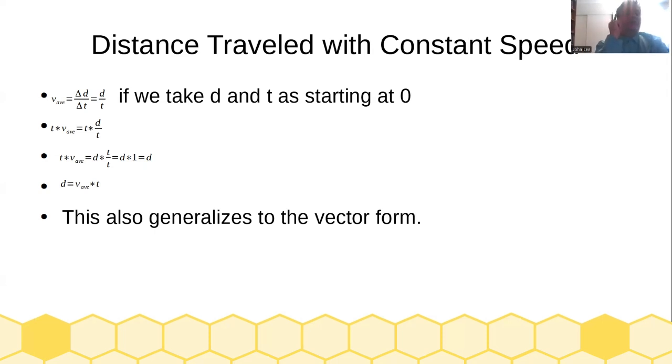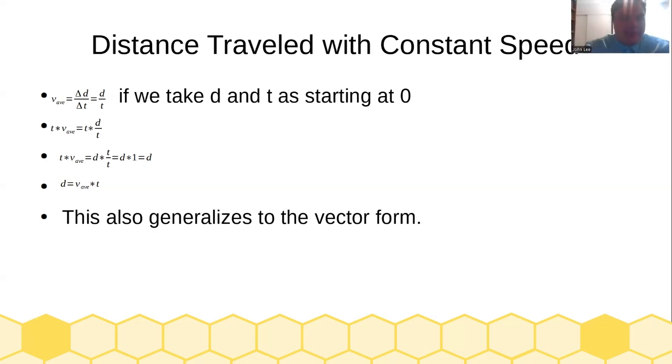So if we have V average equals D over T, we want to get rid of the T and isolate D. So we multiply both sides by T, which is going to give us T times V average is equal to D times T over T, which is equal to D times 1, which is equal to D. Or the distance traveled is equal to V average times T.